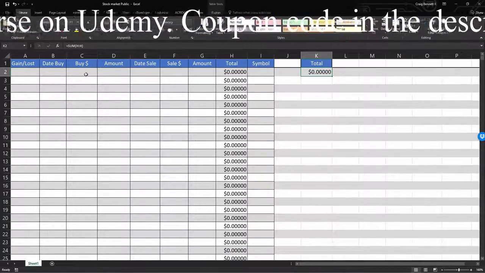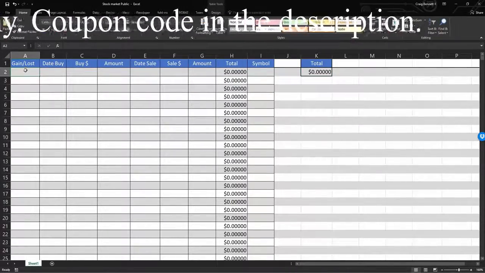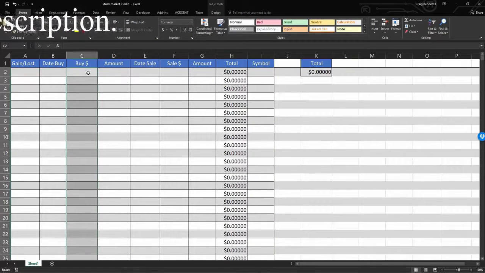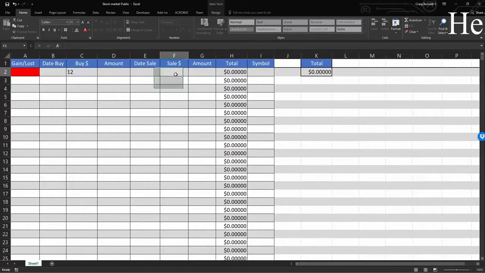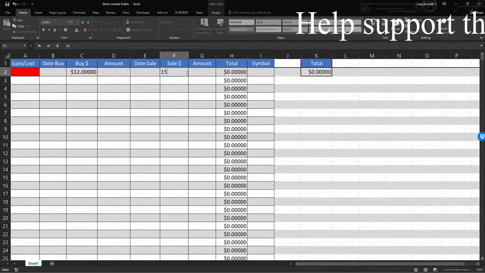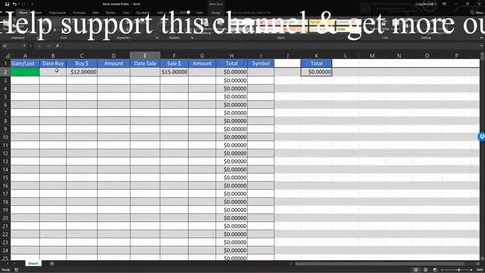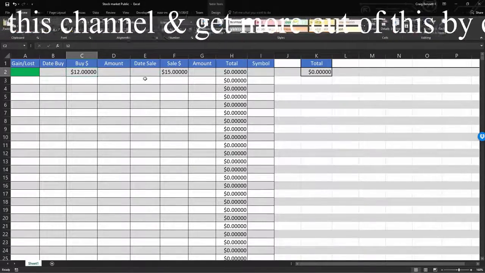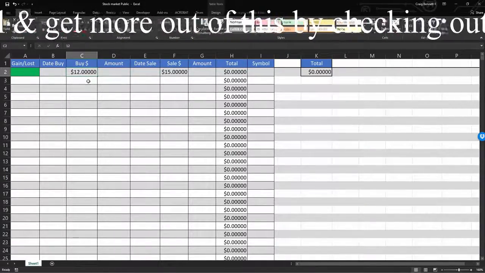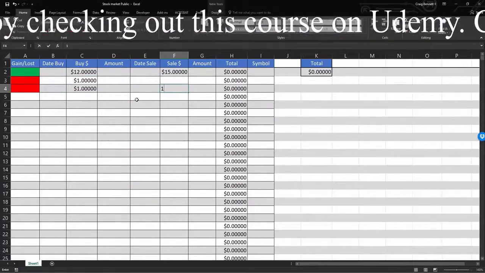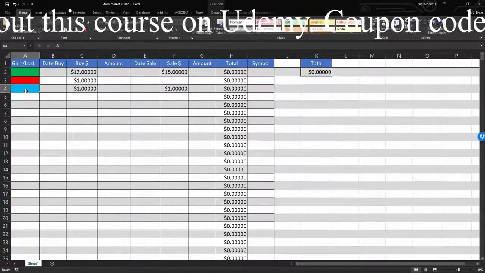Basically, the gain and loss looks at the buy and sell. So if we put in, say, 12 and, I don't know, 15 there, just throwing some arbitrary numbers in, you can see that when 12 was higher, it was in red. But the neat thing is if it's equal, it's blue.